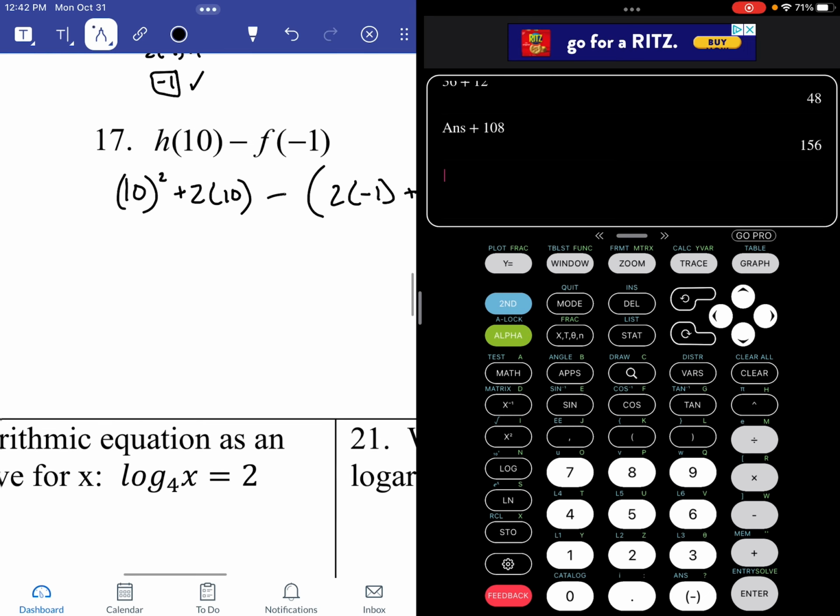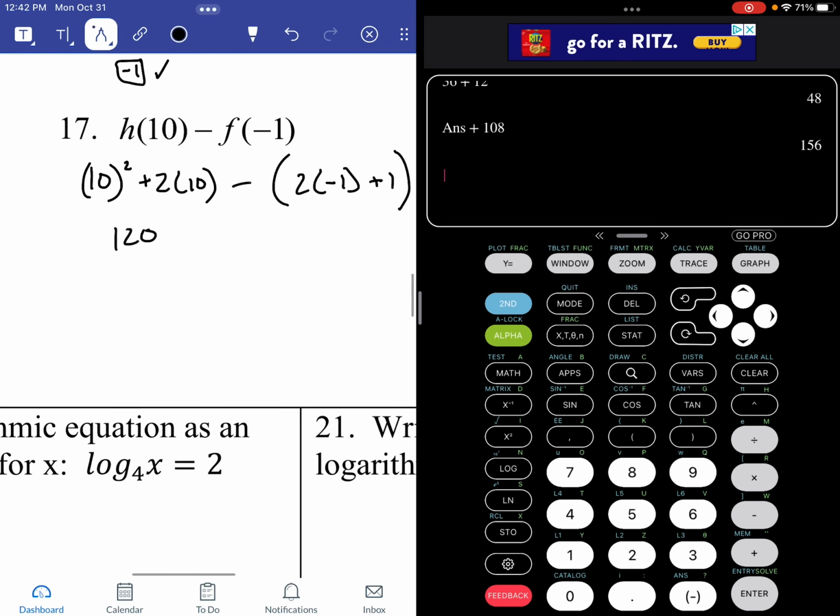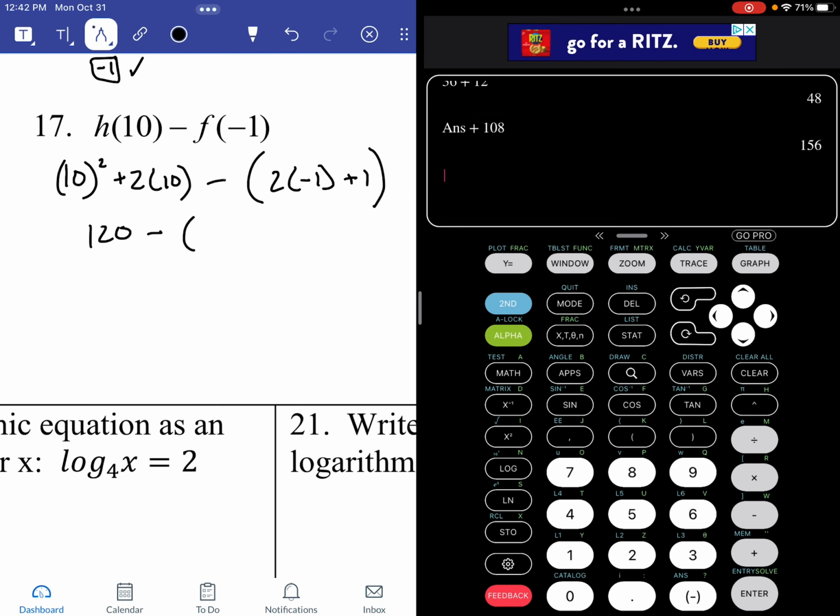Okay. So at first we have 10 squared is 100 plus 2 times 10 is 20. So we have 120 minus 2 times negative 1 is negative 2 plus 1 is negative 1. And then because the two negatives are there, you're actually going to add, because a negative times a negative is a positive, so you have 121.